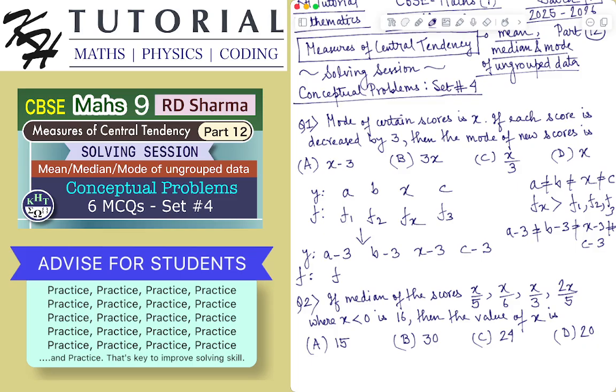Now, if A is decreased by 3, then the value is A minus 3.